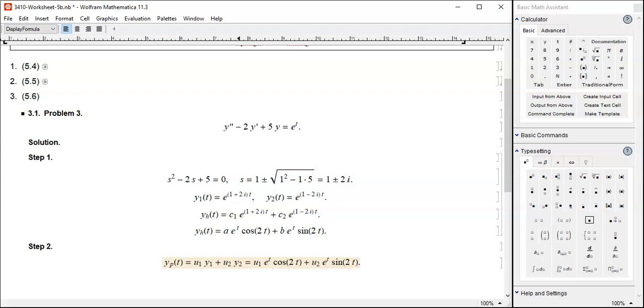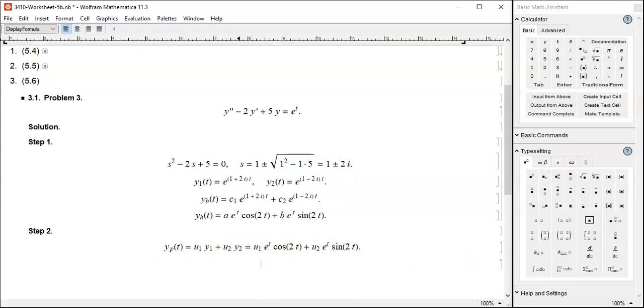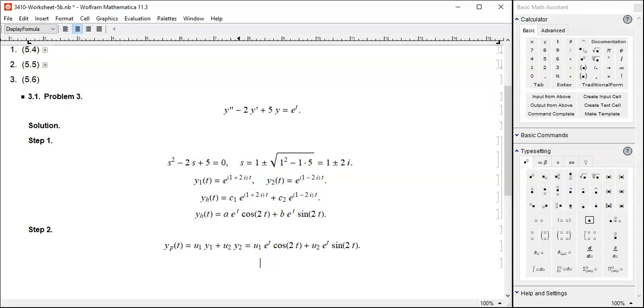That's the kind of solution you're looking for. Also, you want an additional restriction here: u1' y1 plus u2' y2 equals 0.